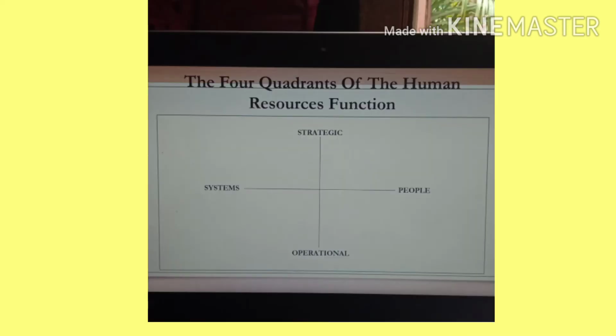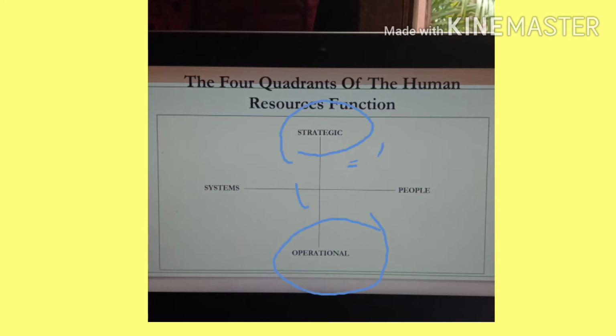The four quadrants of the human resources function: first, strategic, system, operational, and people. We have the two dimensions of the human resources function, vertical and horizontal. On the vertical, we have strategic and operational.